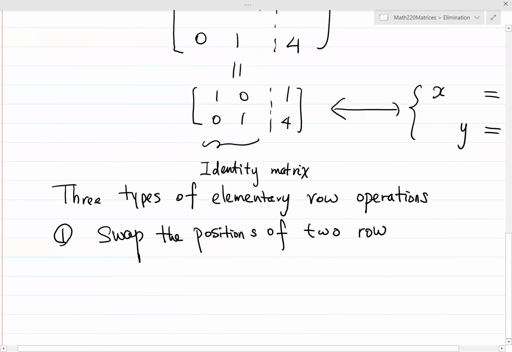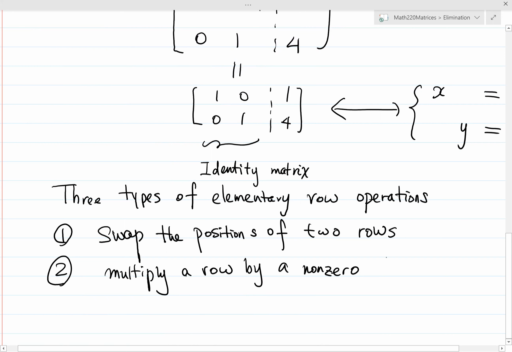So we can switch the position of two rows. Second, we can multiply a row by a non-zero scalar.